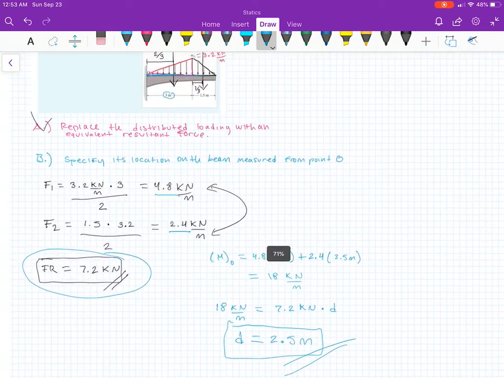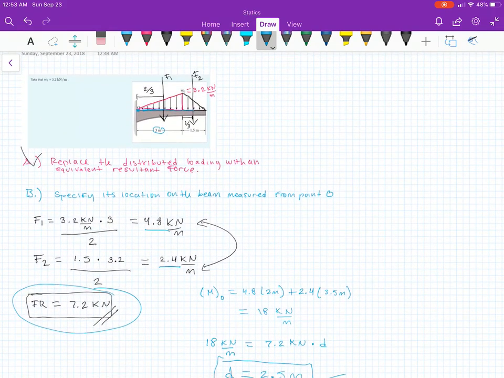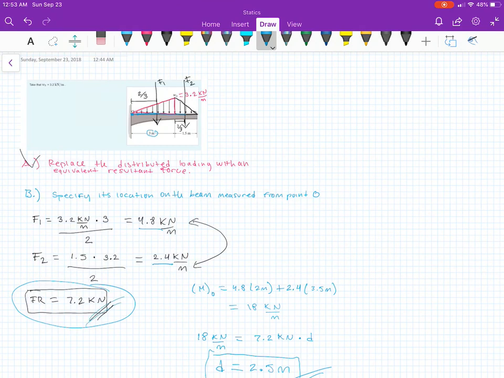Final answer for part B, and final answer for part A.